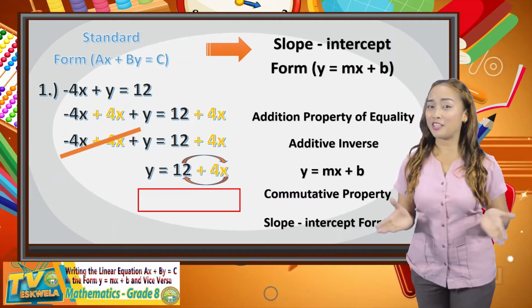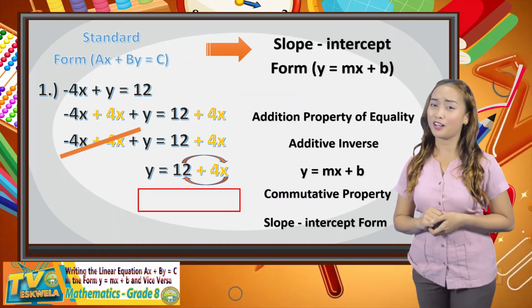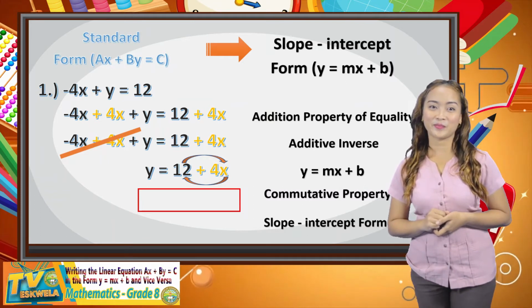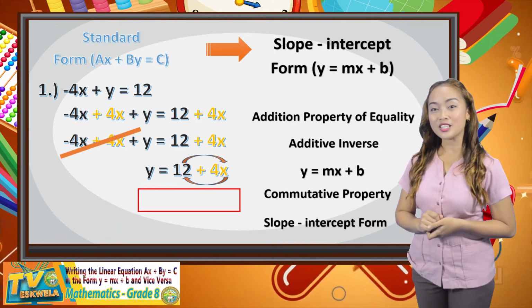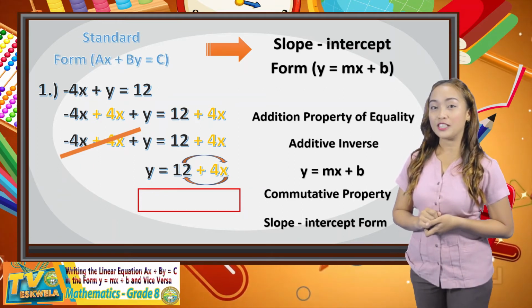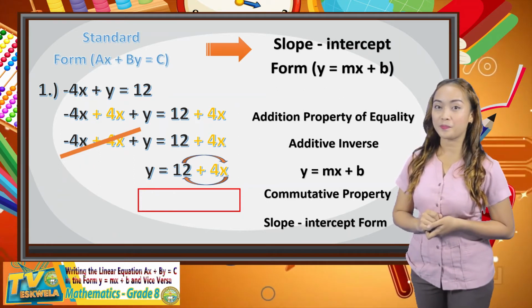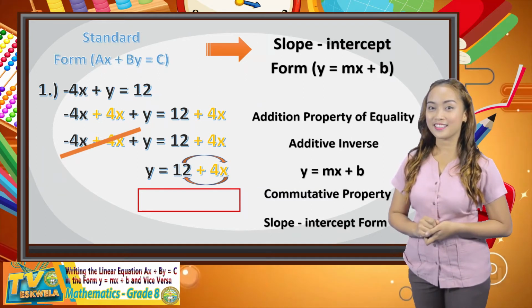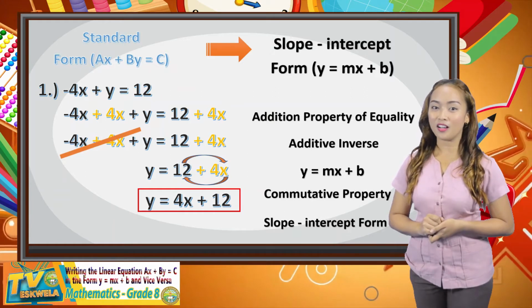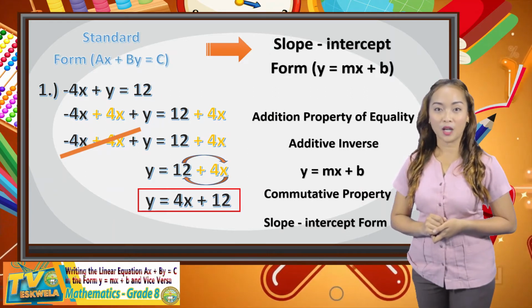Or, you can even write 4x before 12 in the first place. And that's it. The slope-intercept form of negative 4x plus y is equal to 12 is y equals 4x plus 12.